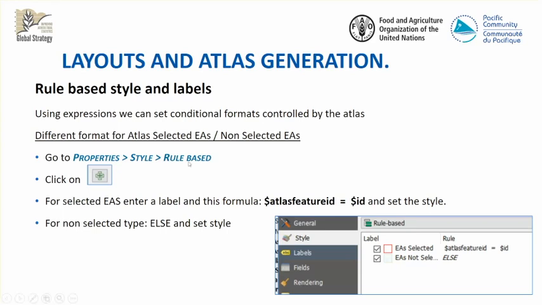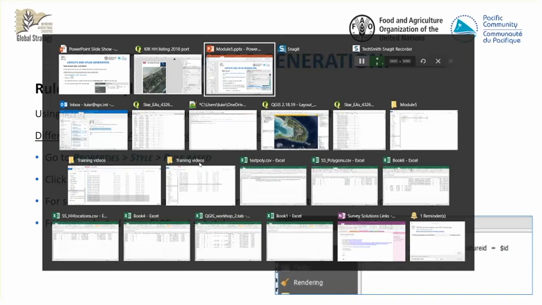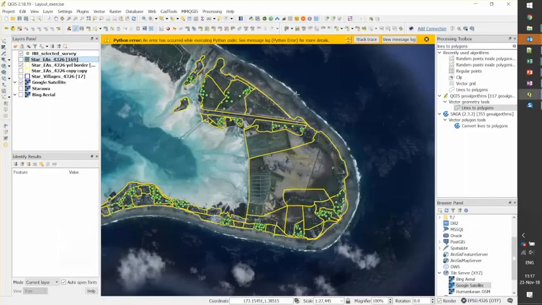Okay, so we go to properties, we select style and rule based. We have to go to the mapping canvas here.